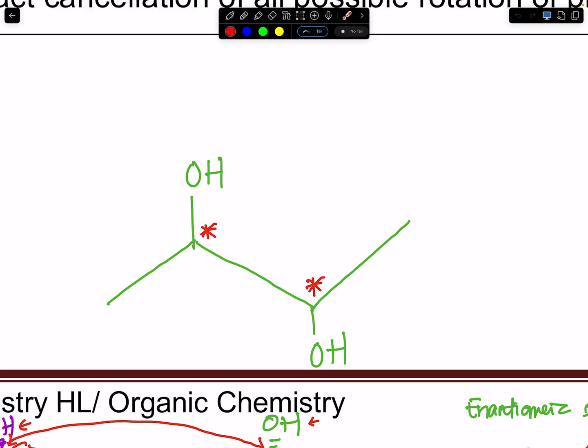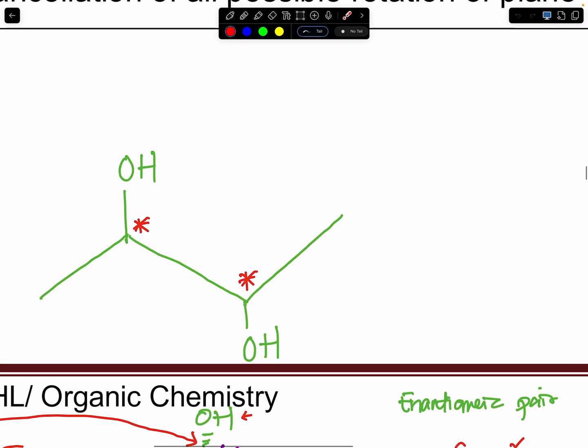Now, let's think about the possibilities when it's 2 chiral centers. You could be clockwise, clockwise, clockwise, anti-clockwise, anti-clockwise, clockwise, and the last one is anti-anti, correct or not? So that is 4 possible combinations. And how I got that is, I take the number 2 and raise it to the number of chiral centers. So there will be 4 stereoisomers in theory.